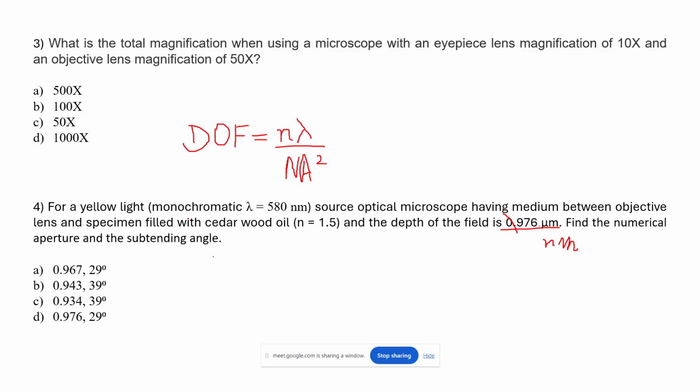So 0.944. Okay, and the second question is to find the subtending angle.